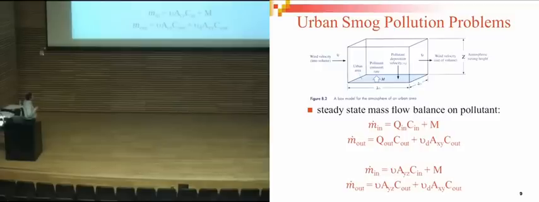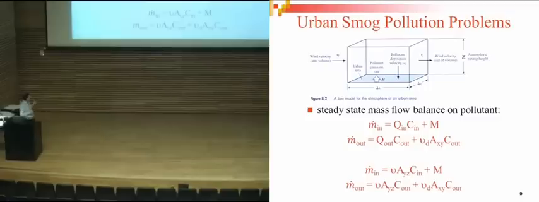So we have lead in the background that's coming into our control volume, and we have a lead emission rate within that control volume. Our mass leaving that control volume will be the flow times the concentration going out at that border, plus the depositional velocity times the cross-sectional area of that city times the concentration.